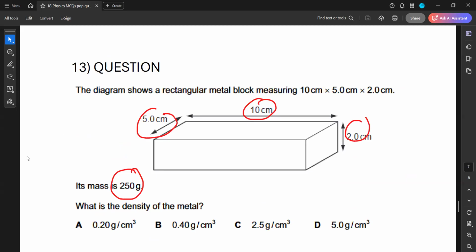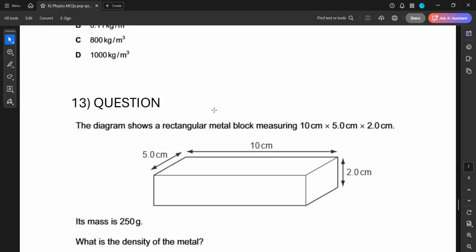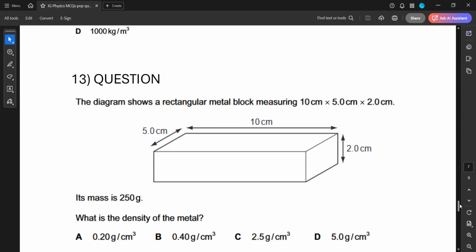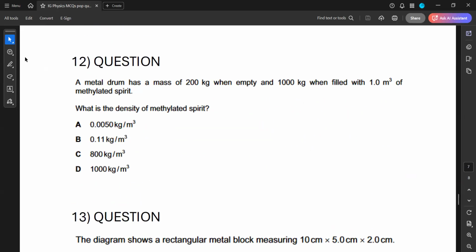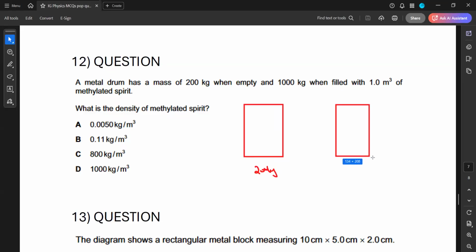The previous question, 12, I'll repeat. The metal drum, when it was empty, was 200 kg. When the metal drum was filled with the liquid, it is 1000 kg.